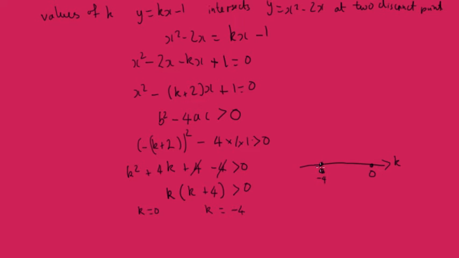But we want this when it's greater than 0. The x squared here, the a coefficient is positive, so it's going to be this shape of a quadratic. So this is positive, and this is negative. So k must be less than minus 4 and k must be greater than 0.